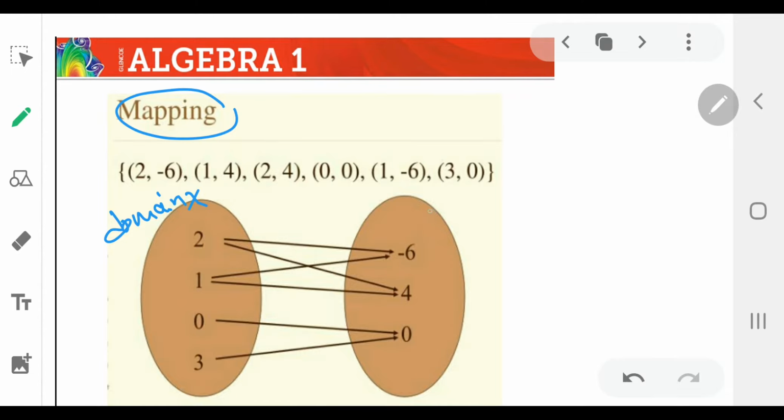In the other shape, we have the range, which are the y values, and then we use the arrowheads. We listed here all the x values, 2, 1, 0, and 3, again without repetition. We don't repeat the same x value. If it's repeated, we write it only once, as in the ordered pairs, as in the domain and range. And we wrote here all the y values.